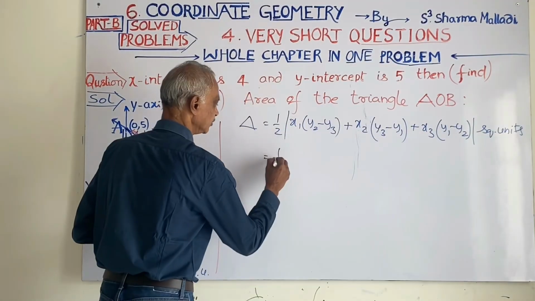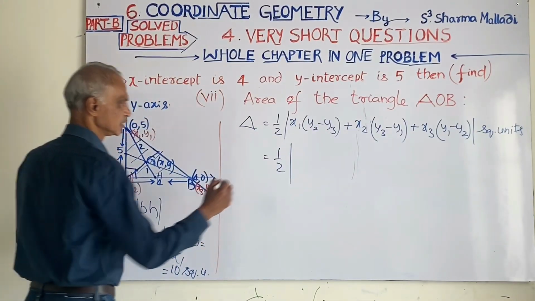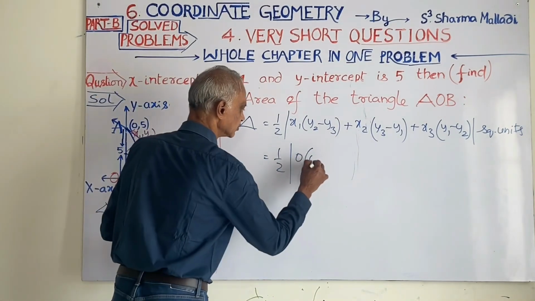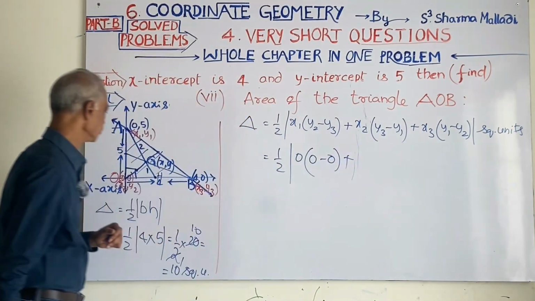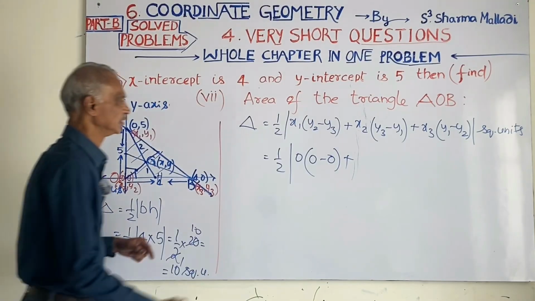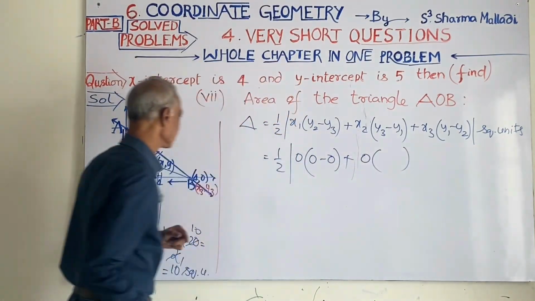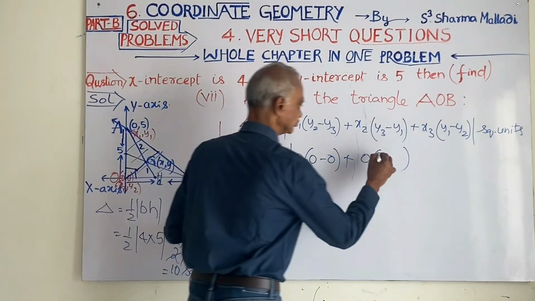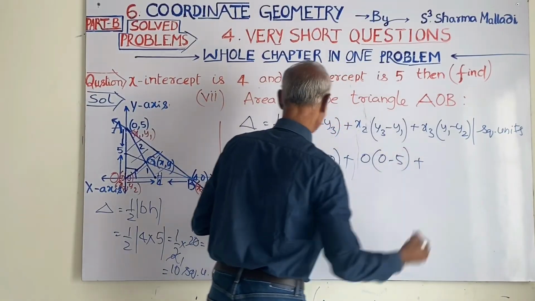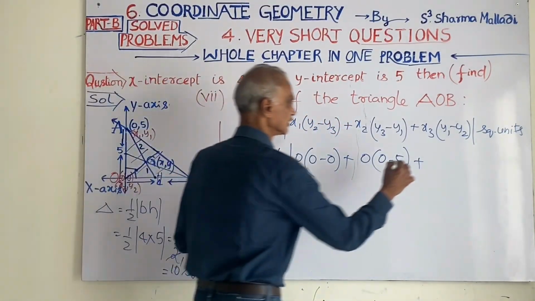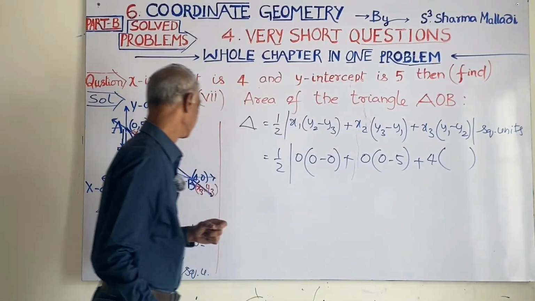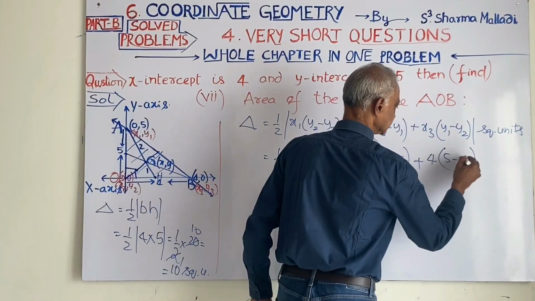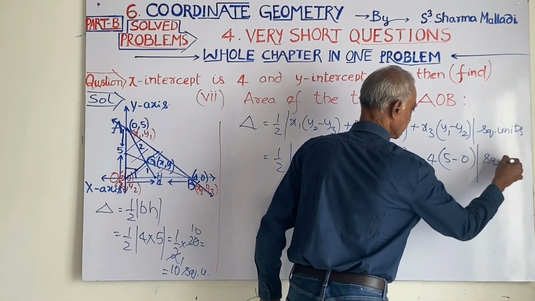Half into, what is x1 here? 0. 0 into (y2 minus y3), 0 minus 0, plus what is x2? x2 will be 0 into (y3 minus y1), where y3 is 0, 0 minus 5, plus what is x3? 4 into (y1 minus y2), 5 minus 0, square units.